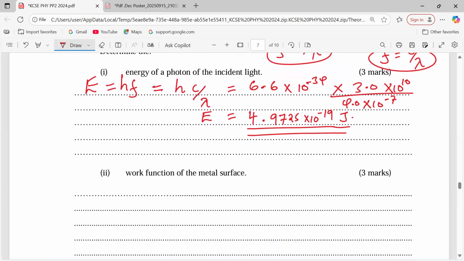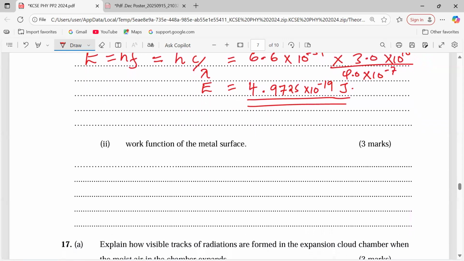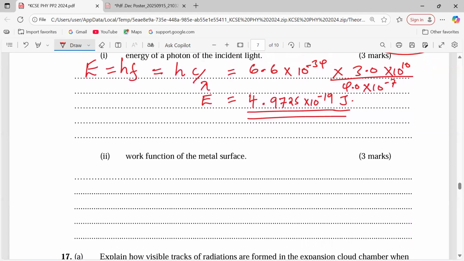But look at the second part. The question is, what is the work function of the metal? Remember, according to the explanation I've just given, all the energy is split into work function, and the other energy becomes kinetic energy.